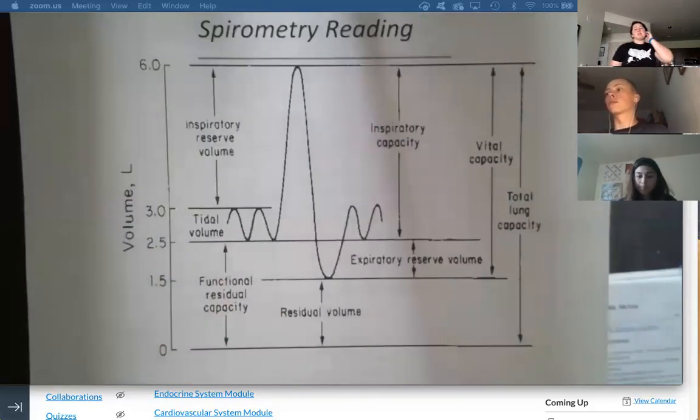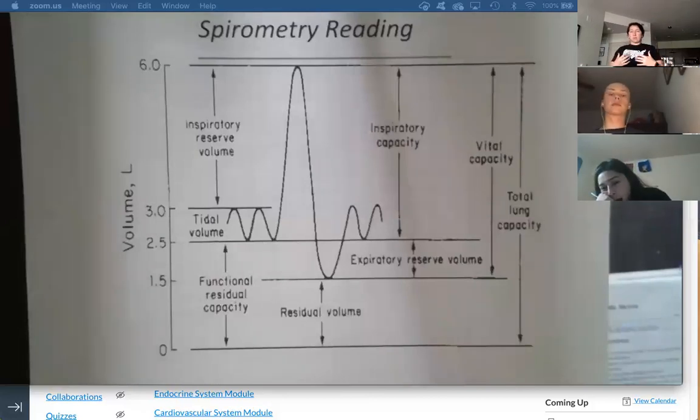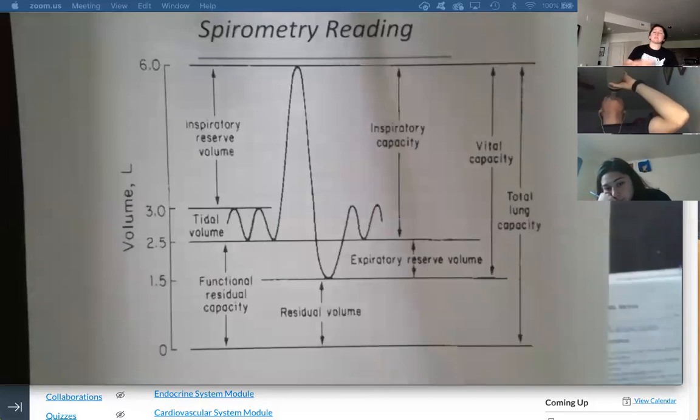So you have the ability to just breathe normal, but you also have the ability to breathe really deep, right? We can breathe out normally, and then once we've breathed out normally, we can continue to breathe out even further, right? You've all done that before, where you breathe out and then you can push out more air. So tidal volume is the amount of air we just normally breathe.